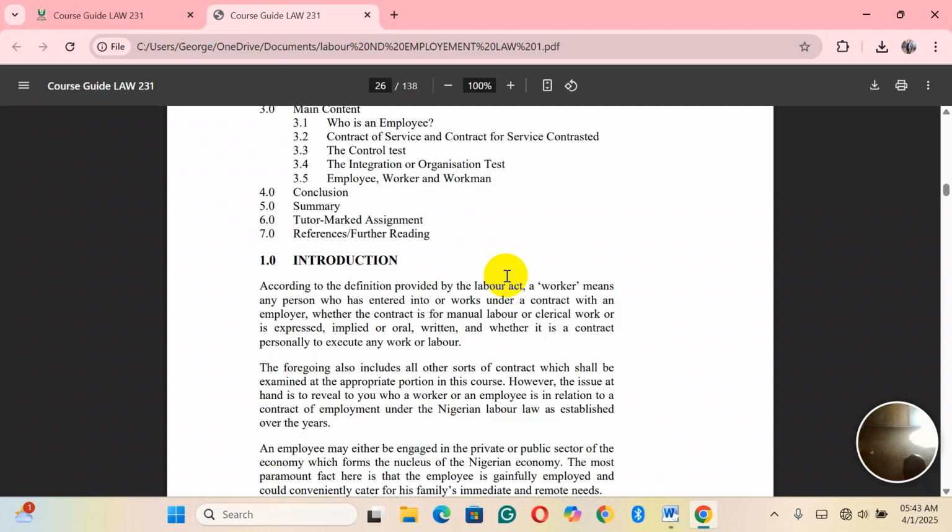So the foregoing includes all other sorts of contract, which shall be examined later.